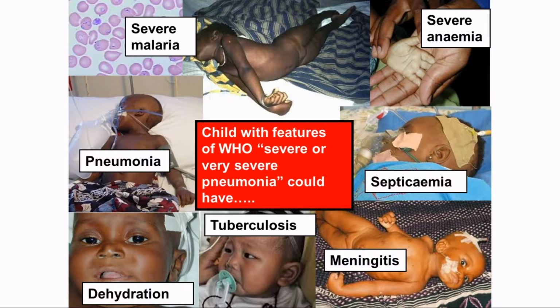So the WHO case definition for severe and very severe pneumonia could include children with a whole range of conditions presenting with respiratory distress. And while it was useful previously when the predominant causes of respiratory distress in children were bacterial in cause, there might be need to reevaluate the relevance of the classification of pneumonia and try and identify subpopulations of children for whom the guidelines might not necessarily apply.